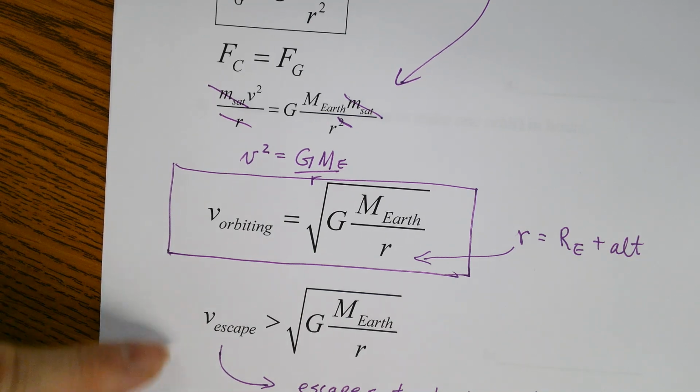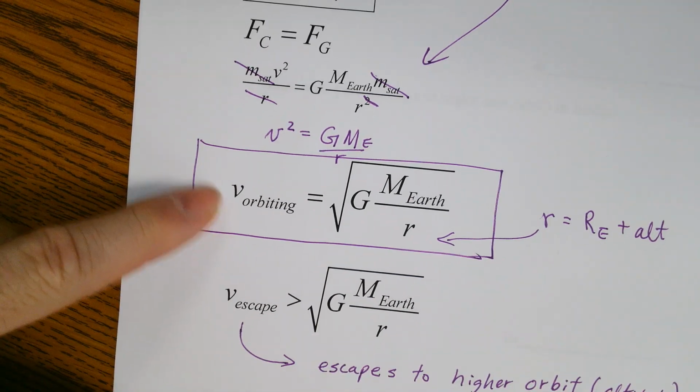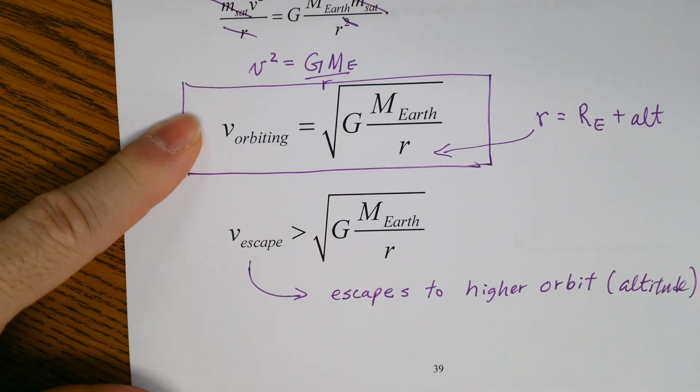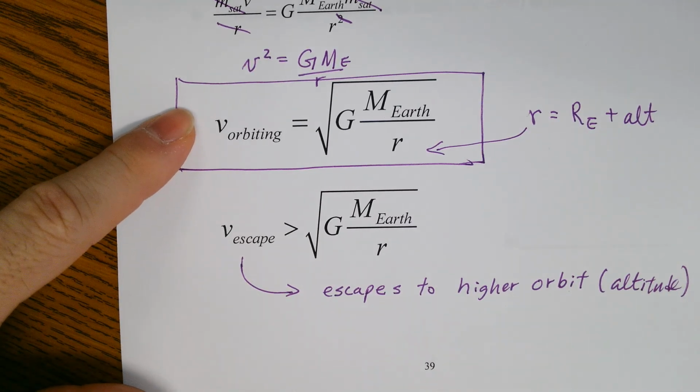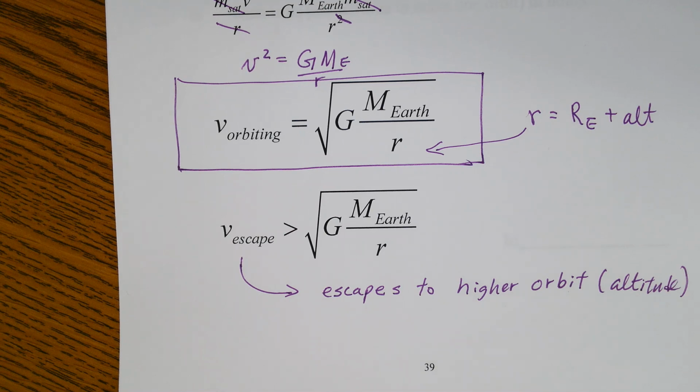Now, if you go slower than this orbiting speed, what would happen? You'll go down to a lower orbit. And if you keep slowing down, what's going to happen? Yeah, you'll fall back down towards the Earth, spiraling back towards the Earth. That's what happens to all these old satellites that lose speed.